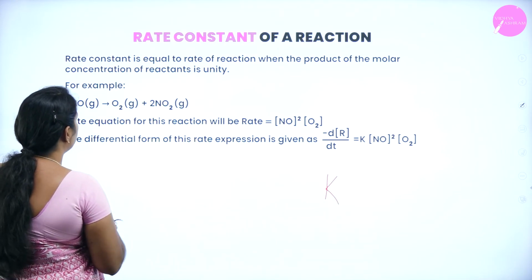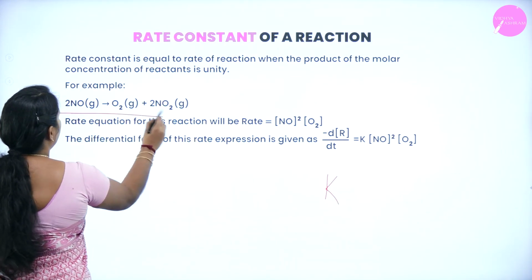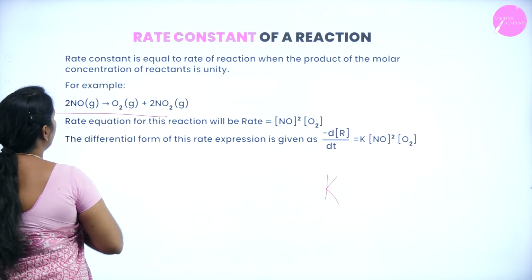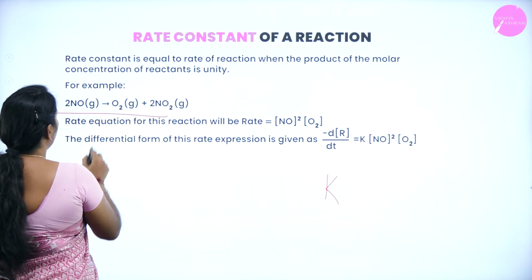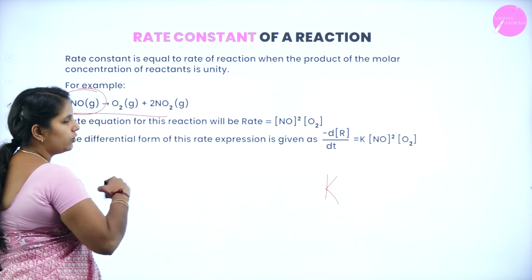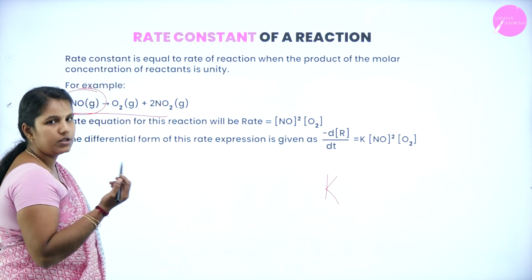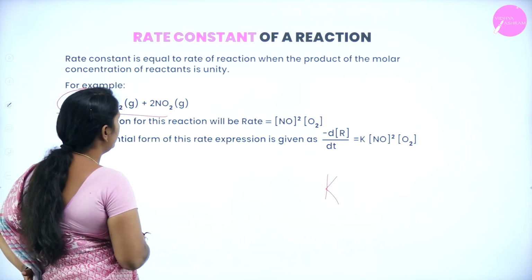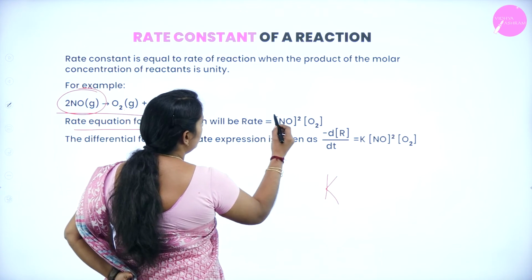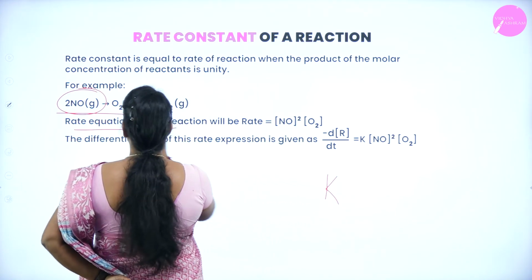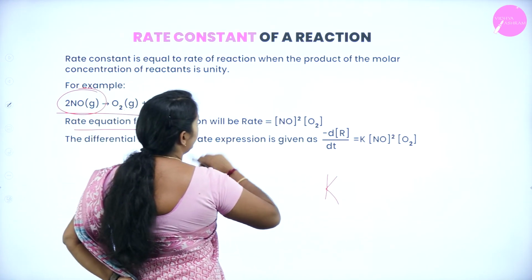How to write this? For example, let us consider the reaction 2NO plus O2 gives 2NO2. Here, there are 2 NO. So, how to write the rate equation? We know that the rate equation can be written as rate is equal to K into NO squared, where X is 2, into O2.